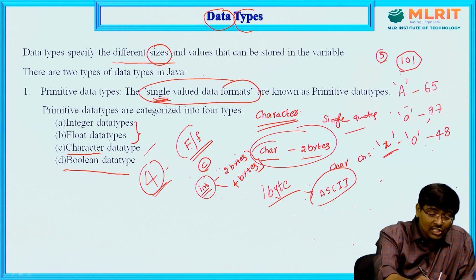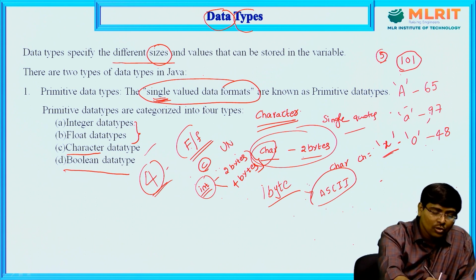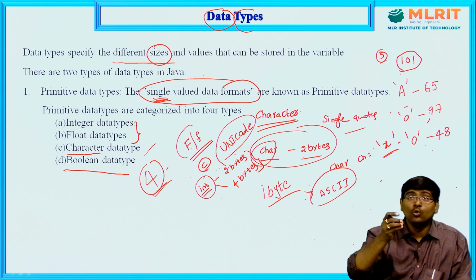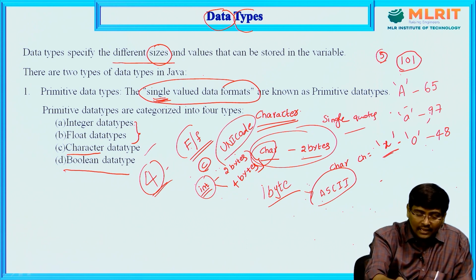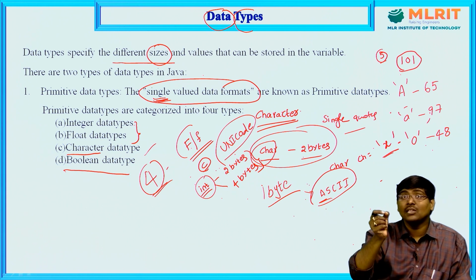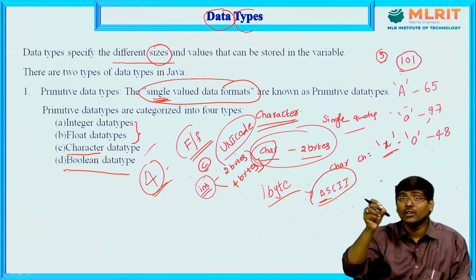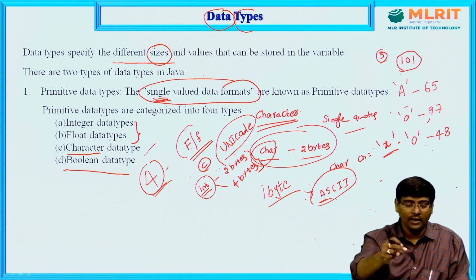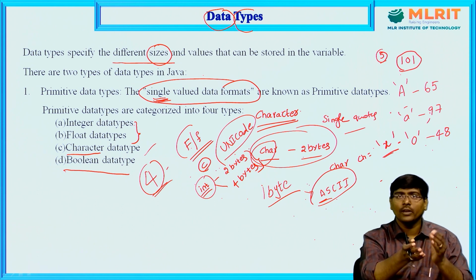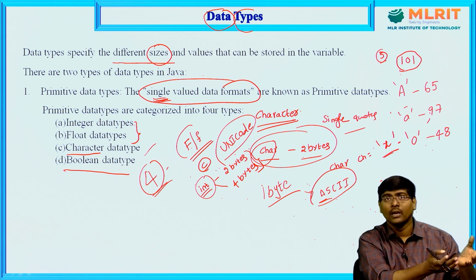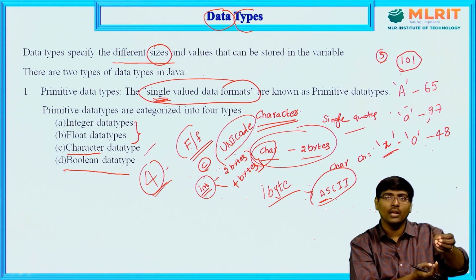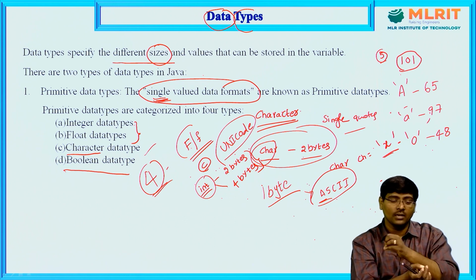But Java supports Unicode. Unicode means universal code. The name ASCII specifies American Standard, so this is fixed by the American Standard. But Unicode means, for example, Russia has some standards, Korea has some standards, Japan has some standards.